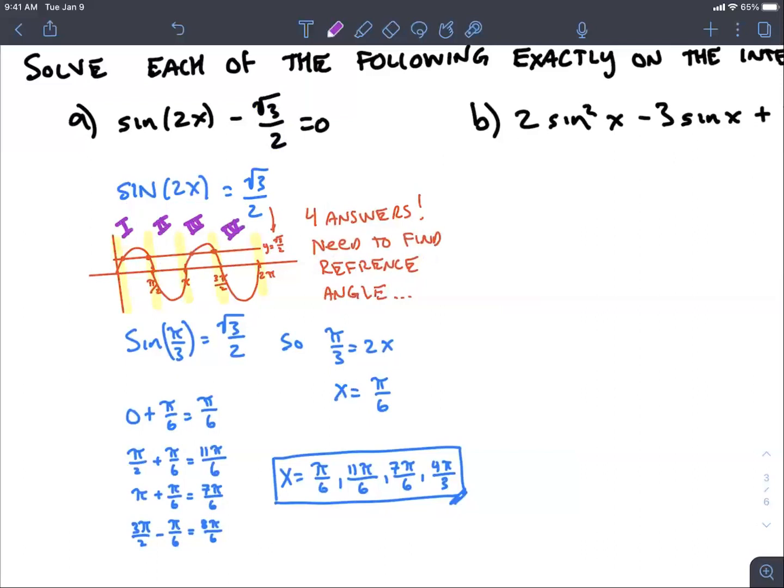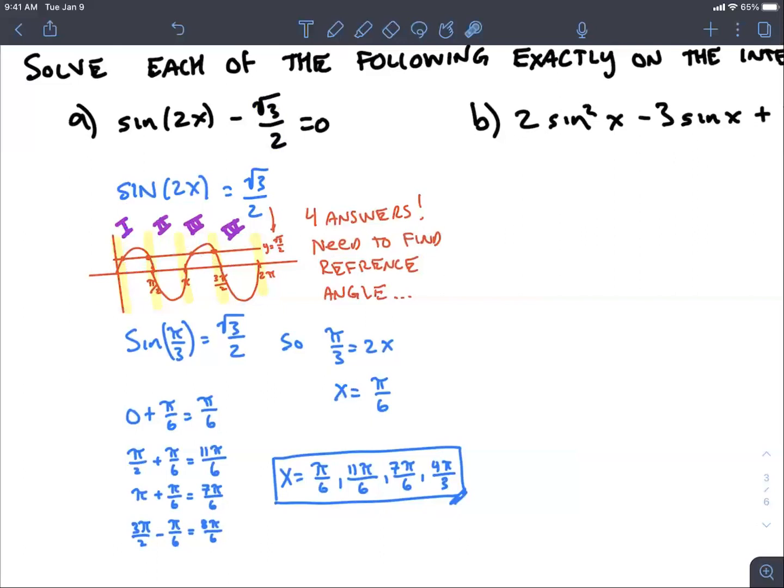So that is how it would wrap around the unit circle. And you can see that there are 2 answers here, and both of these answers occur in quadrant 1. There are 2 answers here, and both of these answers occur in quadrant 3. There are lots of different ways to visualize this, and it's possible that your previous math teacher showed you a different method. Totally great. This is just one way of visualizing it, okay?